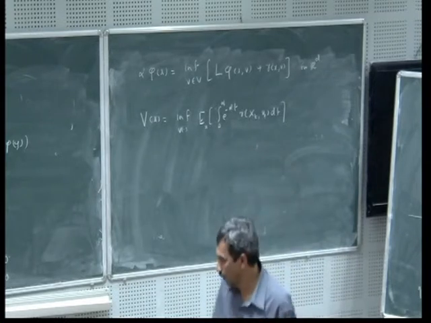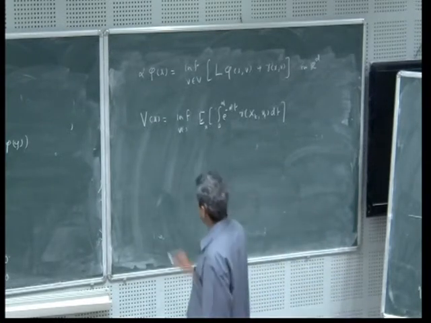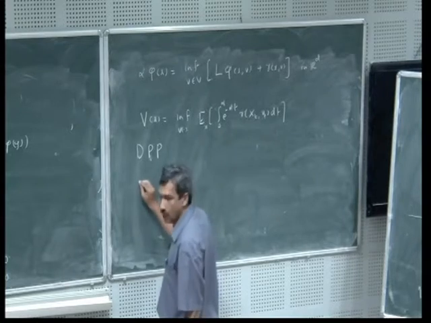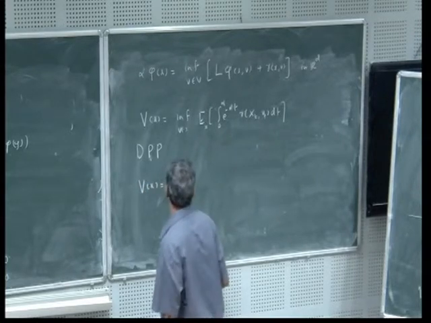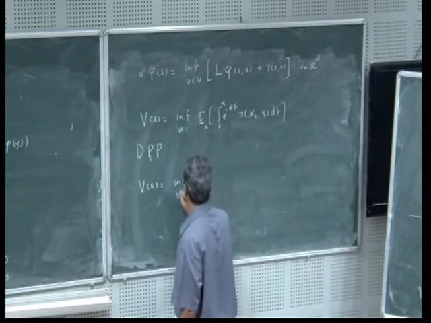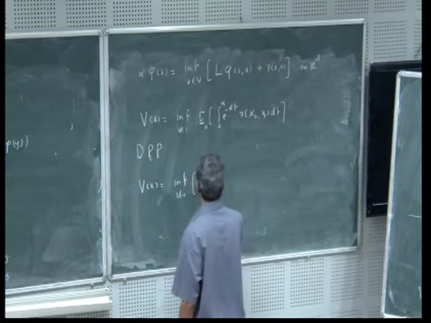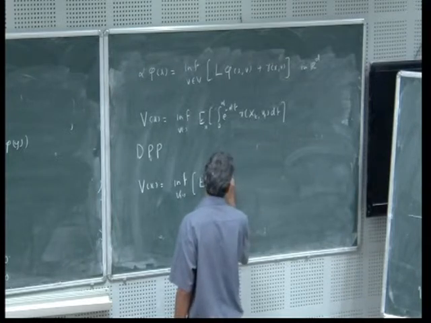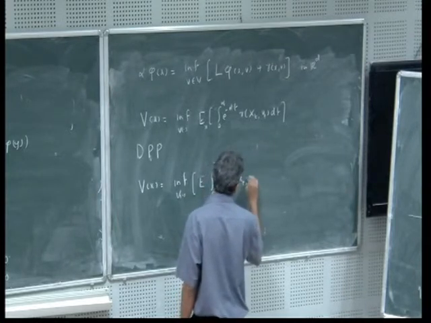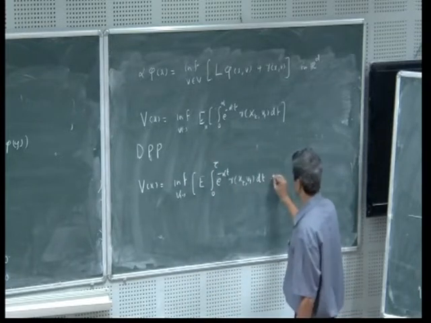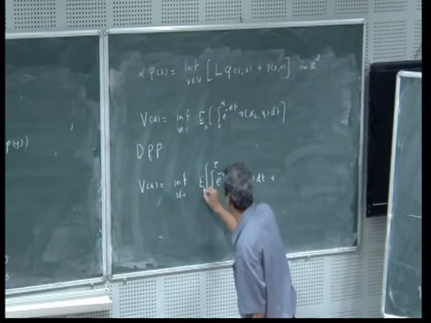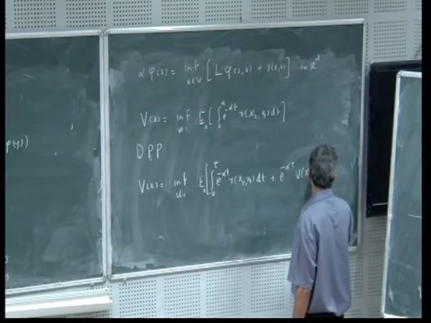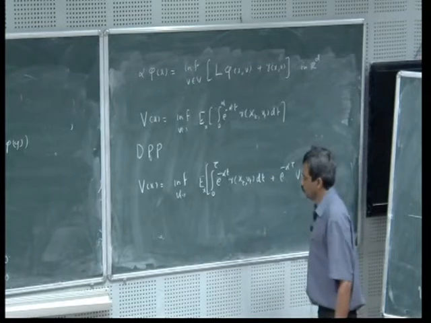Then what one does is use the dynamic programming principle, which is given by the cost plus e to the power minus alpha tau times b of x at tau.